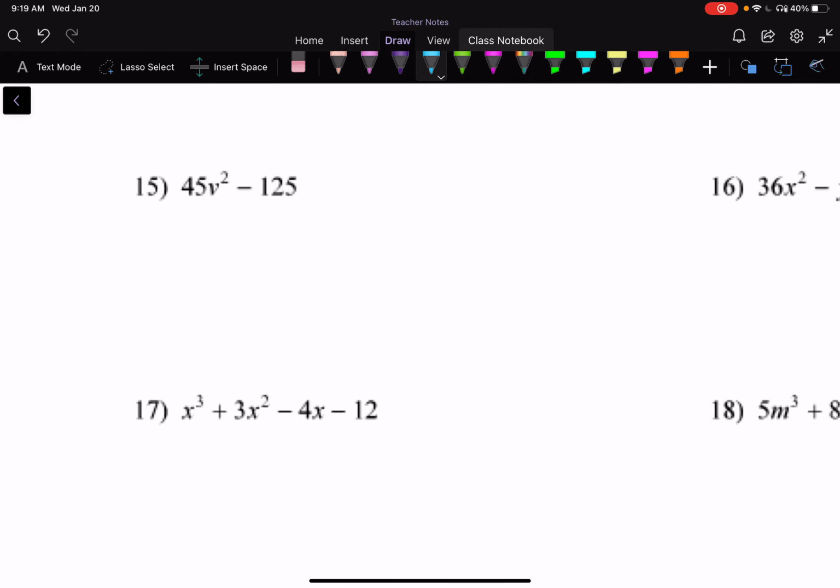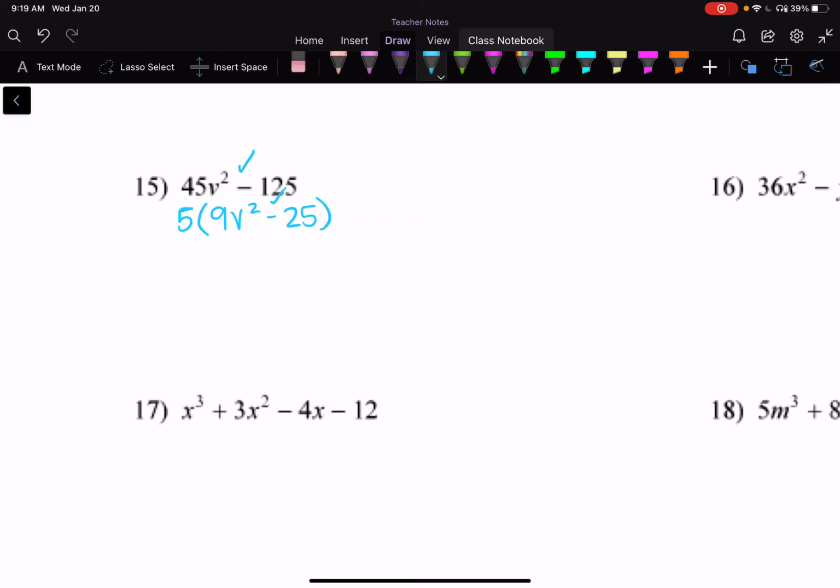Number 15. Check for the pattern. There is a minus in the middle, and then see if 45 is a perfect square. So we're going to take the square root of 45, and that gives me 3 root 5. That is not a perfect square. So to see if we can factor this, we're going to take out a GCF. My GCF is going to be 5, and that leaves me with 9v squared minus 25.